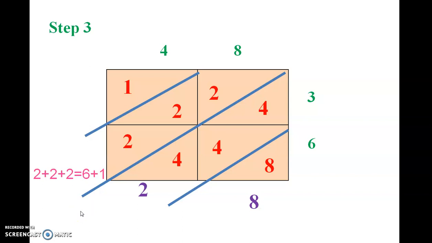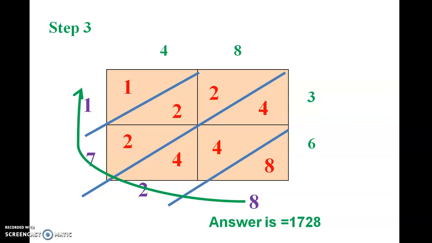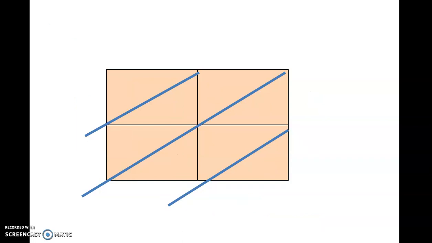The 12, we carry over 1. Then it is equal to 7. Then we put 1. Then the answer is 1728. Okay friends, this is the first example.